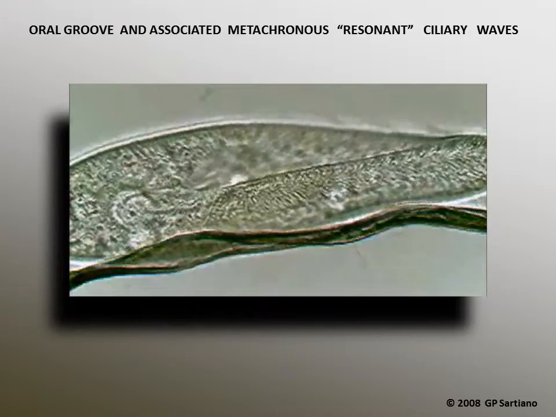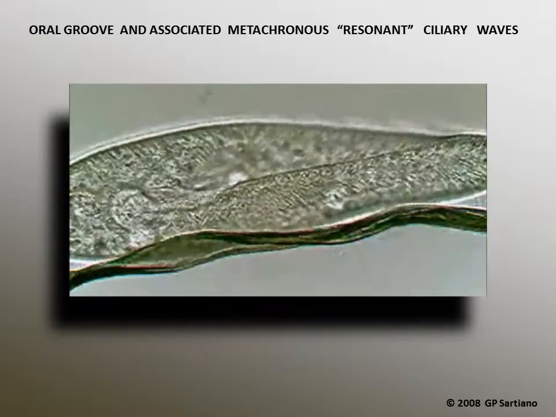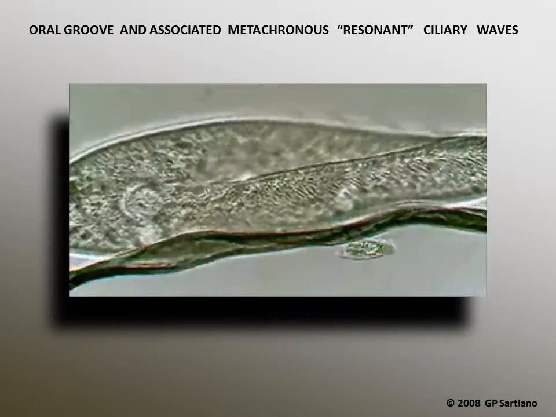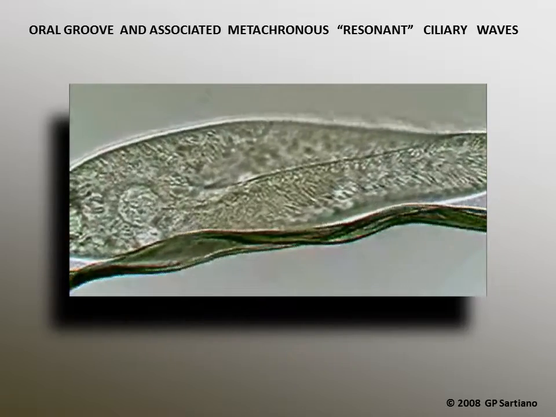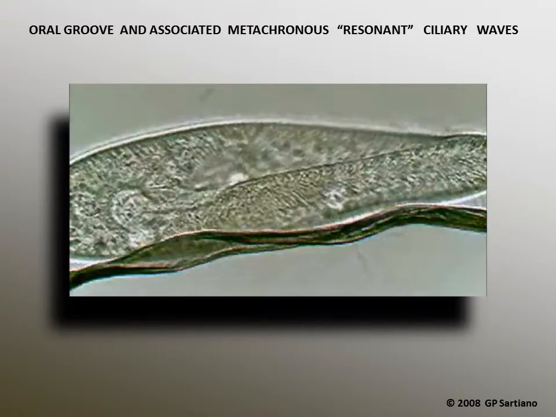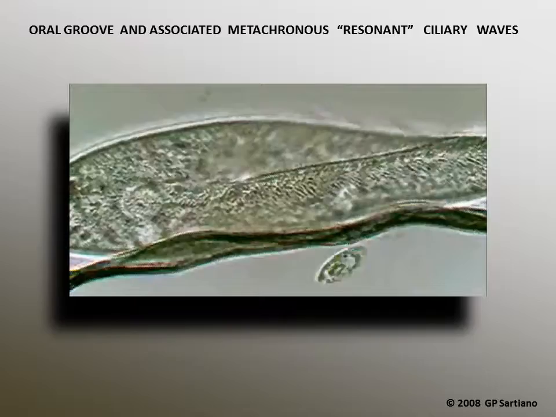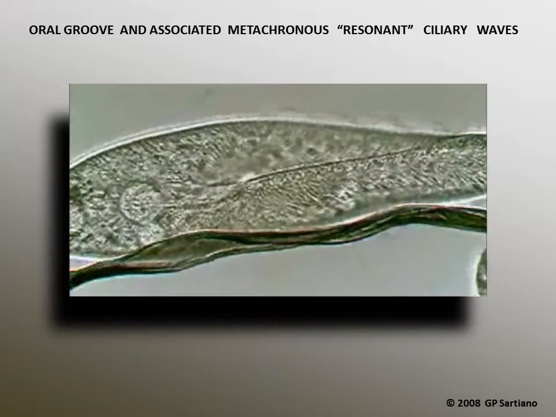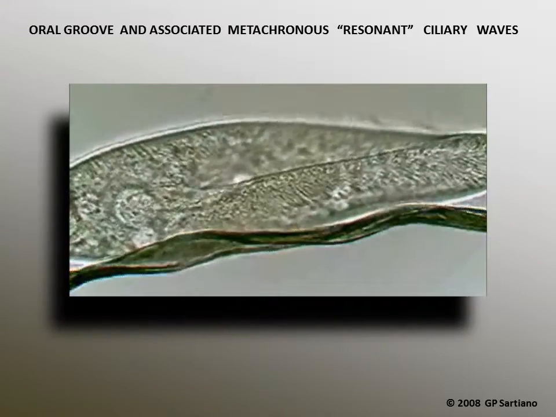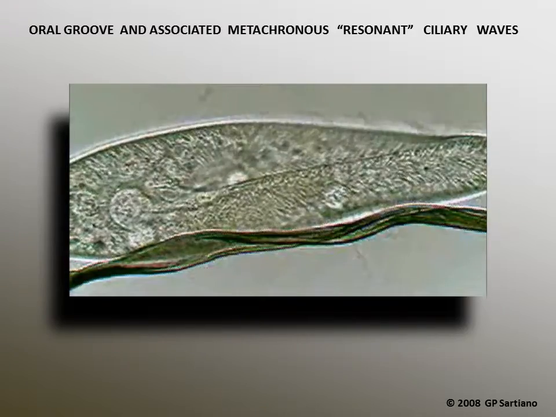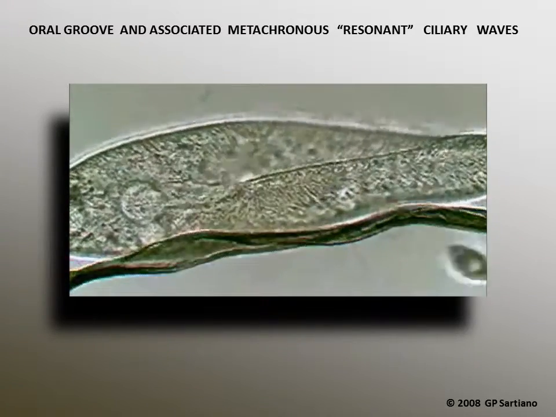In this more lateral view, looking across the oral groove, waves of ciliary motion can be seen along the organism's surface and also in pulsatile fashion in the proximal oral vicinity.